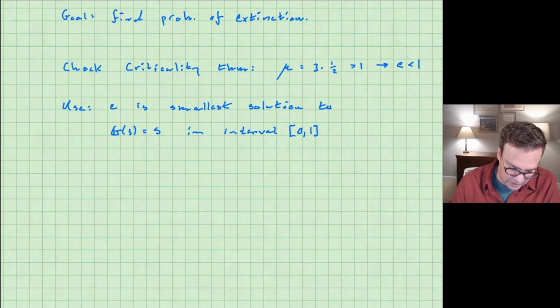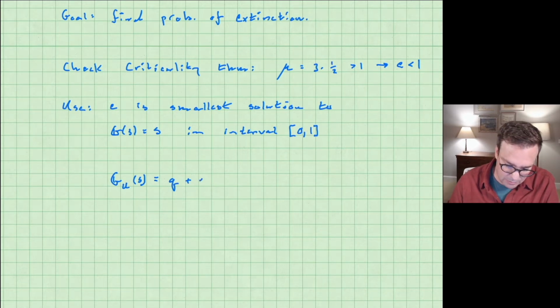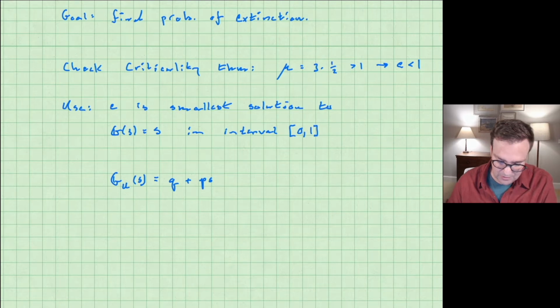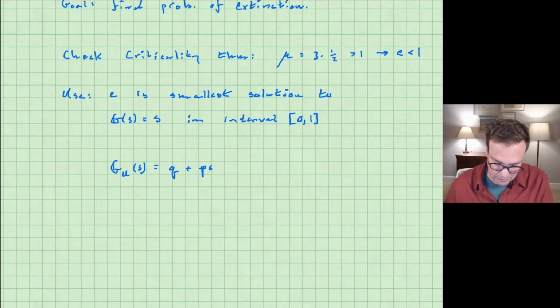So for a Bernoulli trial, G for each of the U's, we can actually just write this out. Even if you've forgotten it, this is the easiest one to rebuild because there's only 2 possible values for the U's. And G is equal to Q plus P times S, right? So that's the probability generating function for a Bernoulli variable.